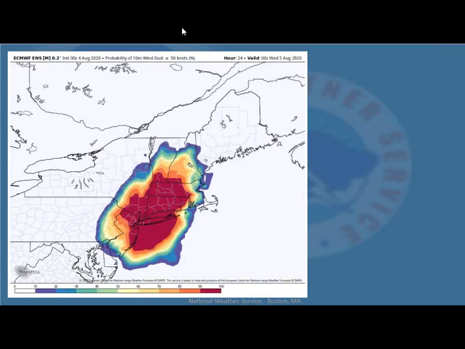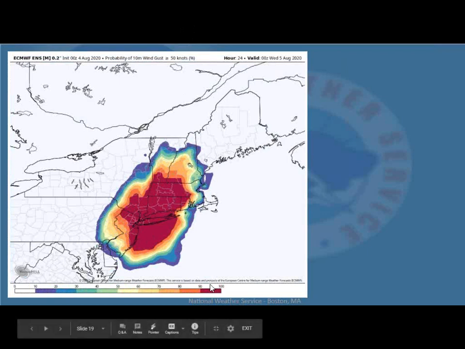And this is also from the European ensemble. This is the probability of the wind gusts exceeding 50 knots. That's severe criteria, and you can see pretty much all of the area has almost close to a 100% chance of seeing 50 knot wind gusts. That is pretty high confidence.